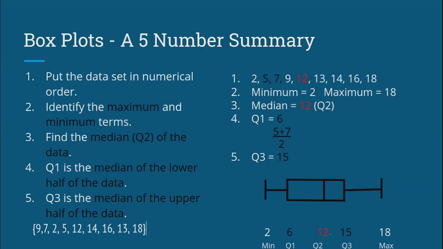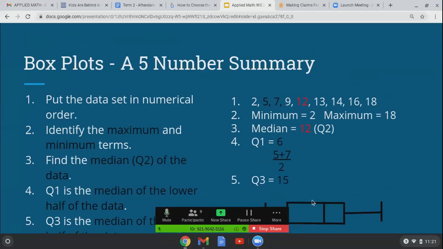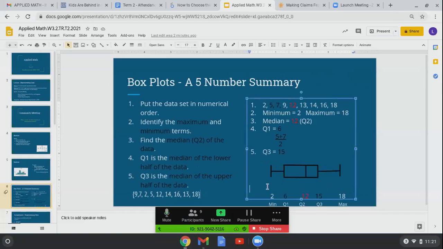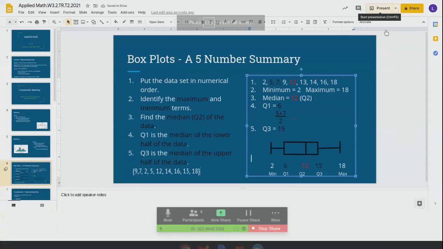And then we put in our median, which is the middle of the data, 12. I want to take this space out of here just so that the answers will move up. Okay. Thank you for your patience.